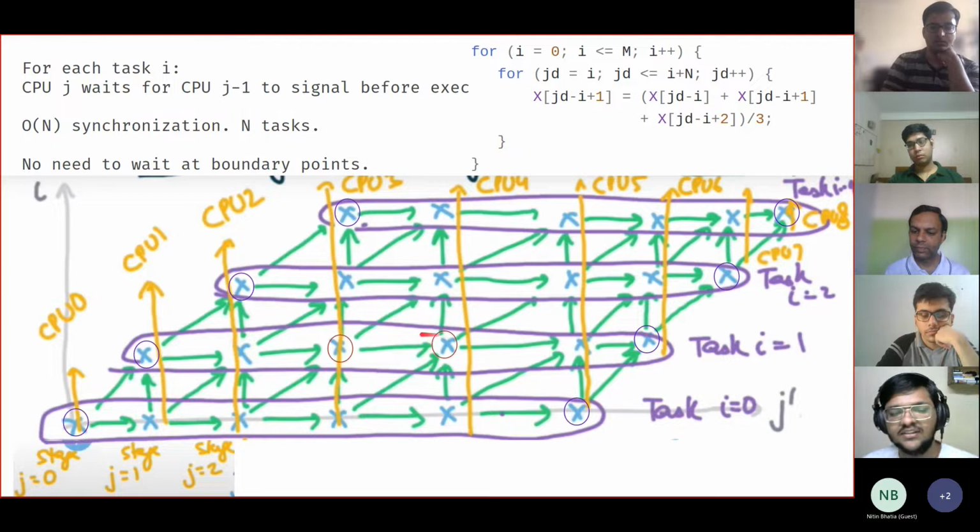So what I'm saying is that this particular CPU J has to wait for CPU J minus one to signal before the execution.